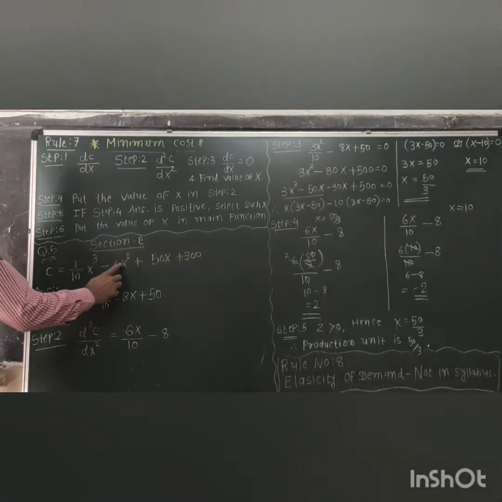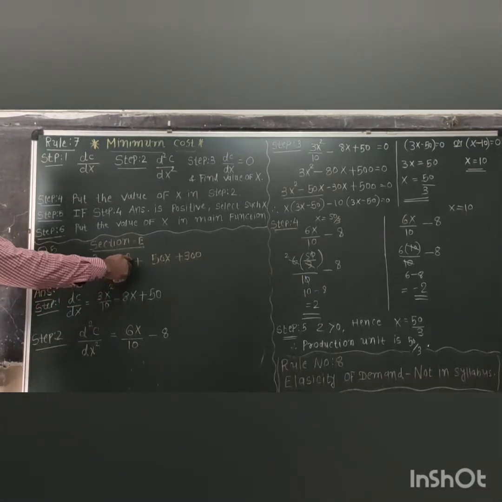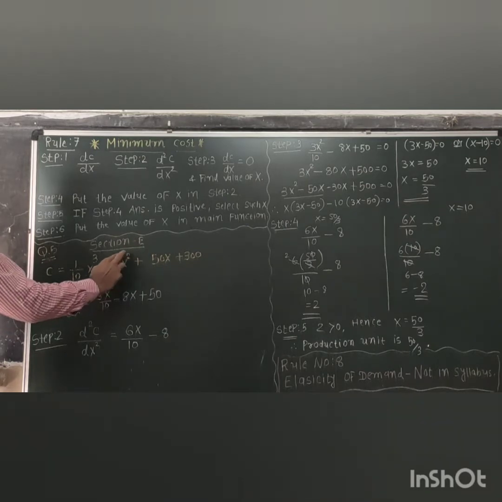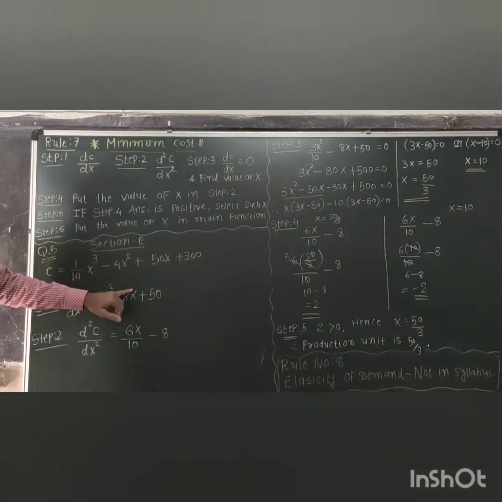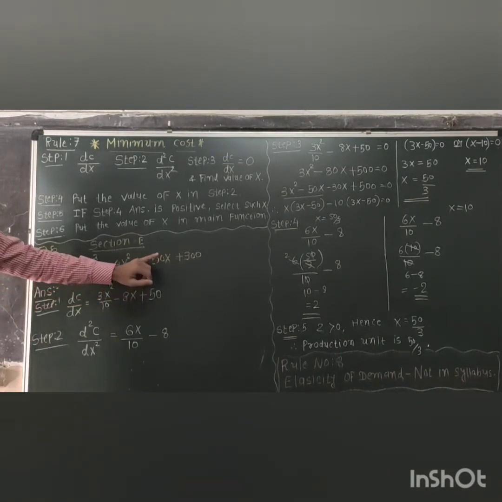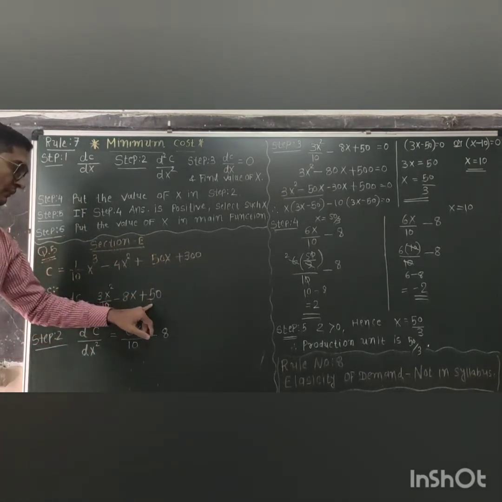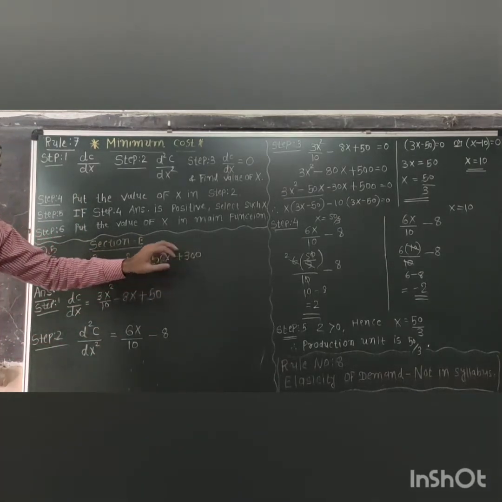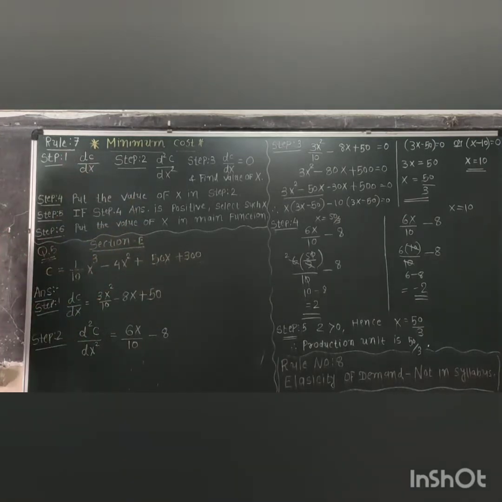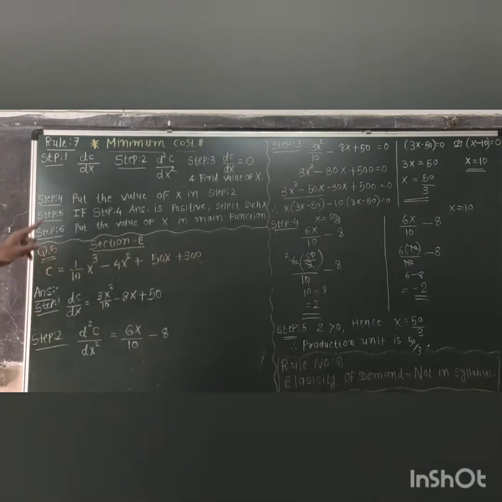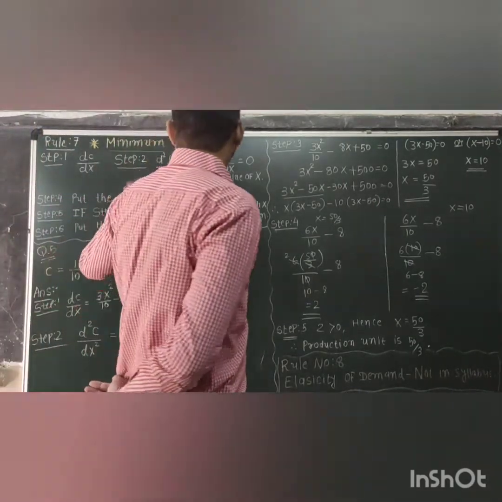Minus, again x has power 2, so 2 multiplied by 4, 8x, deduct 1 from the power, so it is x to the power 1. Plus 50, the value of x is 1, so 50 into 1 is 50, and here there is no x, so it is 0. So 3x square divided by 10 minus 8x plus 50, this is step number 1.